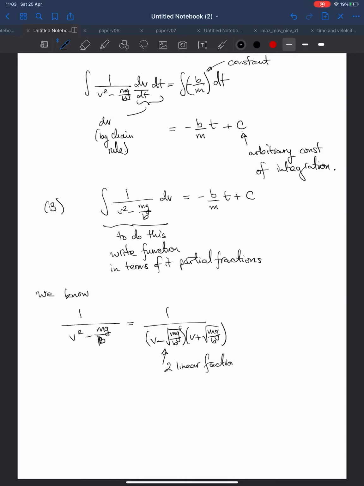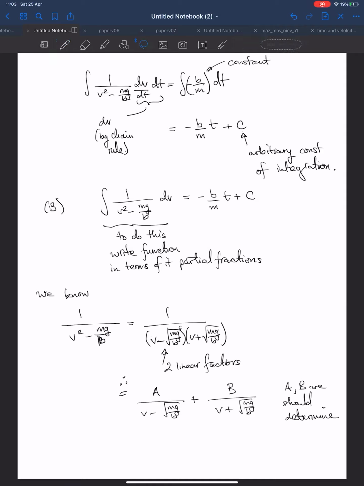Hence, therefore, we can write this as this. So A and B we should determine. Perfect. So that's our problem now. Let me just copy this down here.